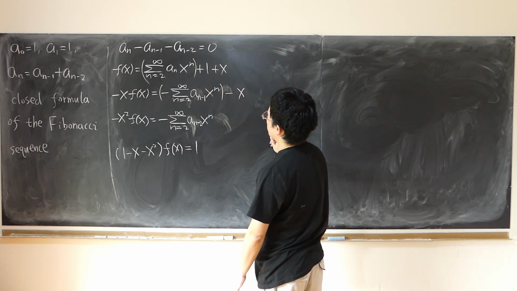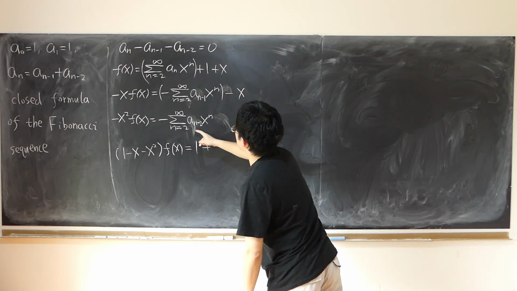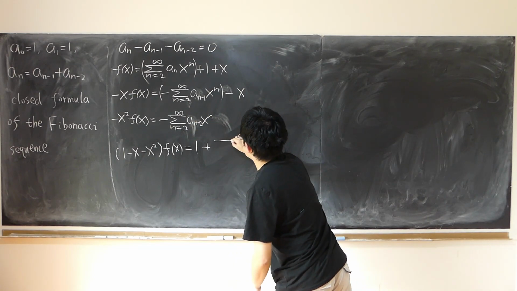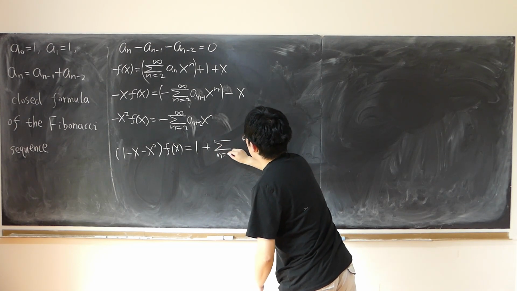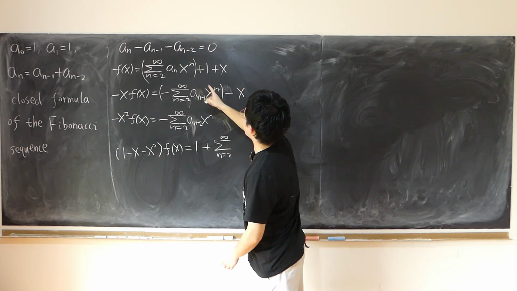And also I have the sum of exactly the same starting point, start from 2 to infinity. The common factor is x to the power of n.